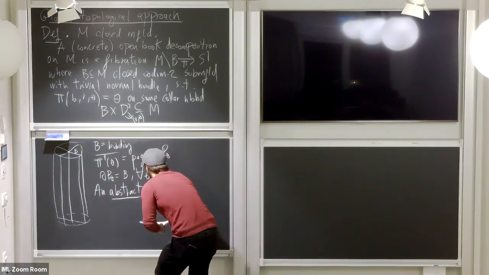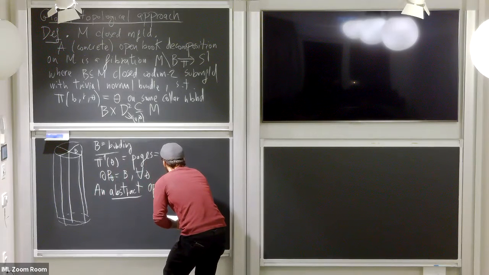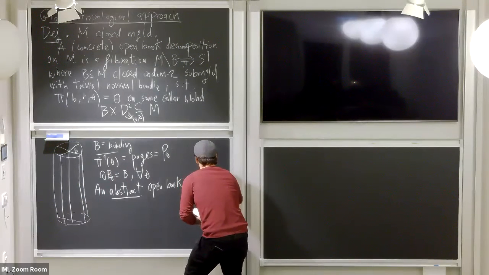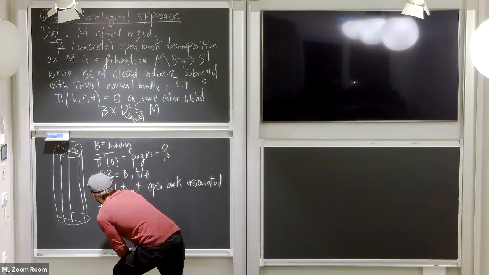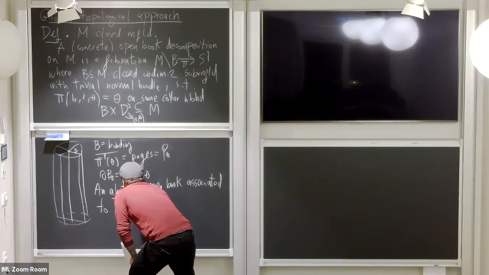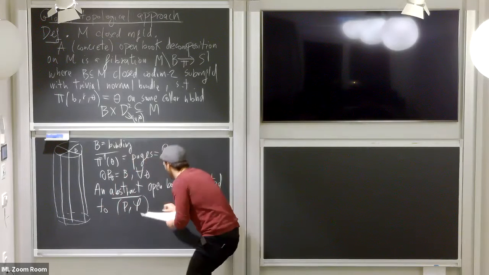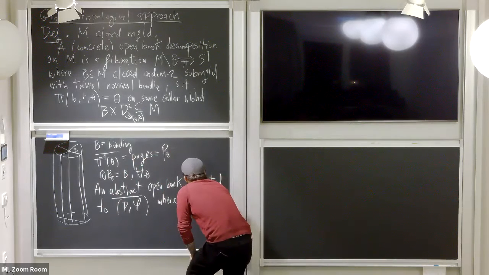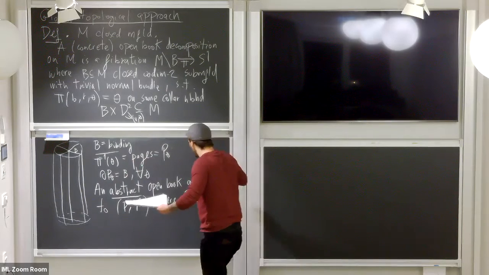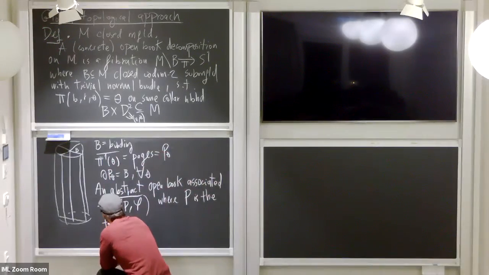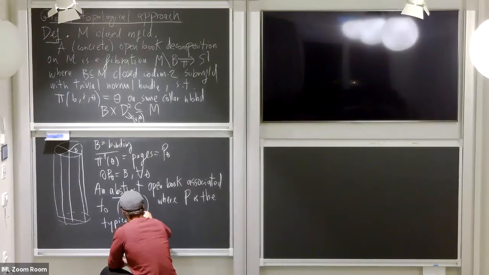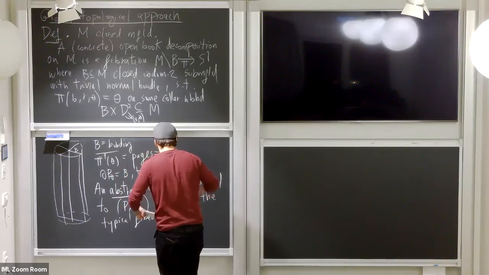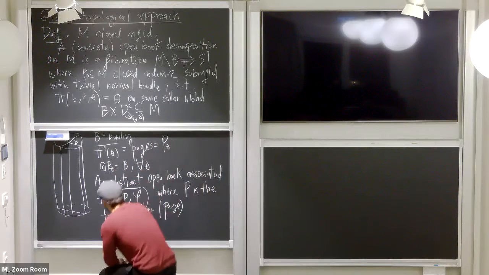An abstract open book is associated to data, which I'll denote by (P, phi), where P is a typical fiber of the fibration, the page, the abstract data of a manifold, and phi is some monodromy, in other words, a diffeomorphism of P.